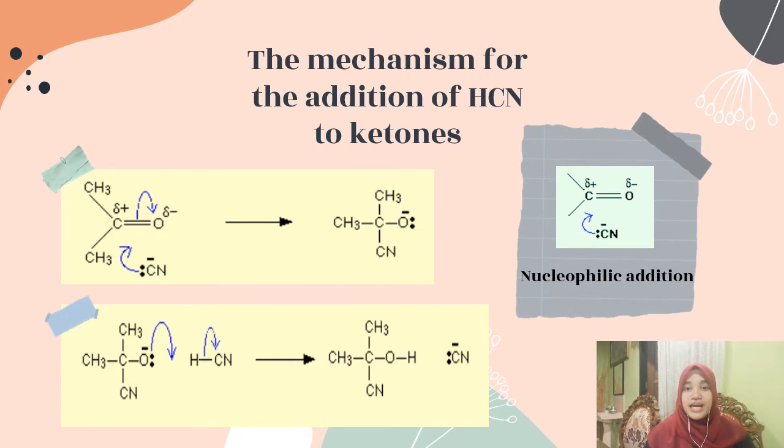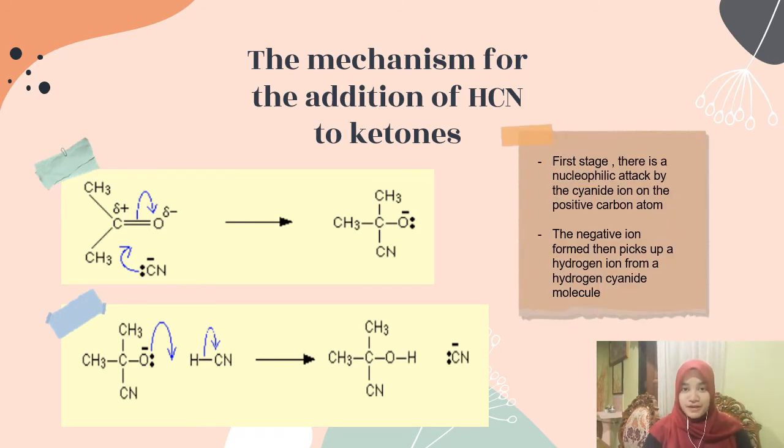As we know, the addition of hydrogen cyanide to aldehydes and ketones is an example of nucleophilic addition. The carbon-oxygen double bond is highly polar, and the slightly positive carbon atom is attacked by the cyanide ion, which acts as a nucleophile.